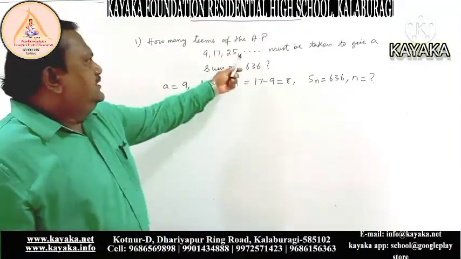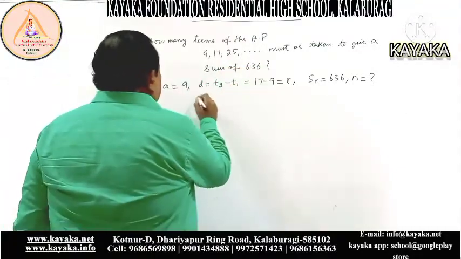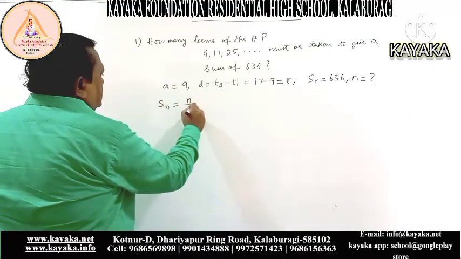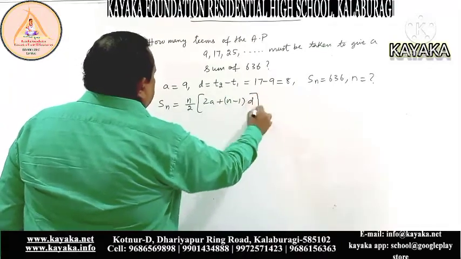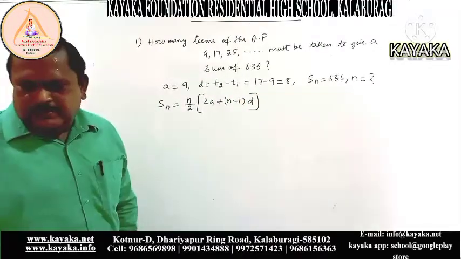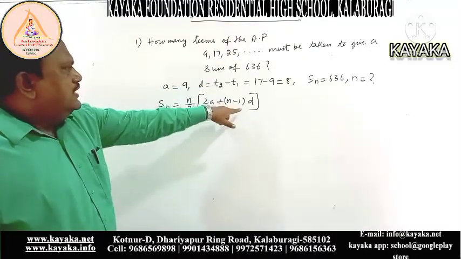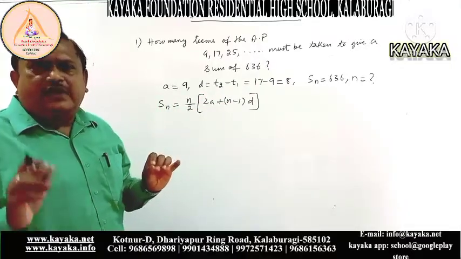Here you can see the dots, therefore you have to use the formula Sn is equal to n by 2 into 2a plus n minus 1 into d. This is the formula which you are going to use now. Just substitute the a value, d value, Sn value, and you will get the value for n.